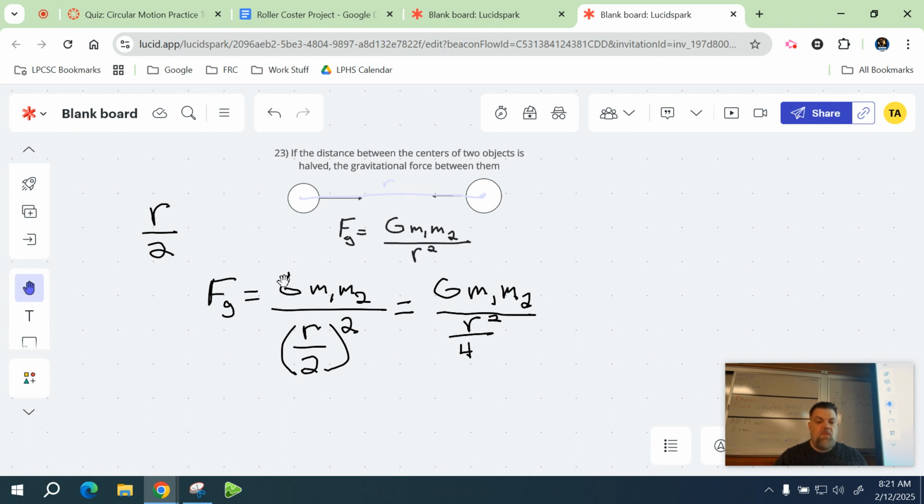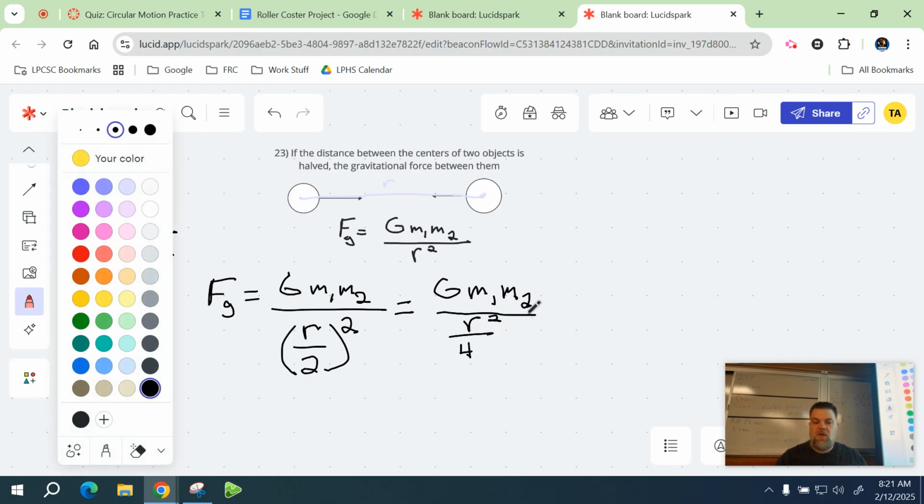All right, so now remember that when you divide by a fraction, you multiply by the reciprocal. So that is basically what happens there, is that you're going to say G times m1 times m2 times 4 all over r squared. Or if you want to clean it up, you toss the 4 to the front: 4 times G times m1 times m2 all over r squared.